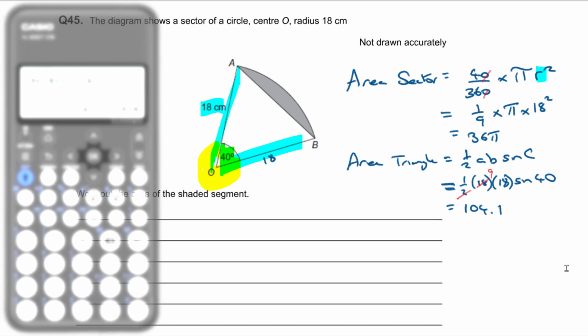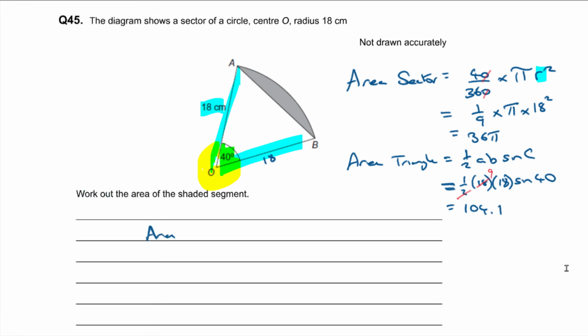Okay, so now I've got those two, I can say that the area of the segment is going to be the area of the sector minus the area of the triangle. So that's going to be 36 pi minus 104.1.